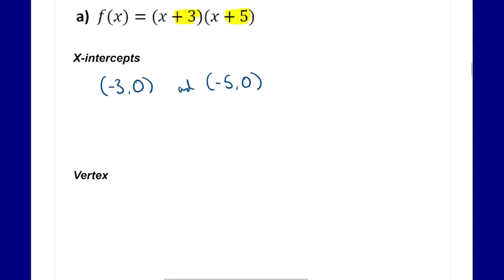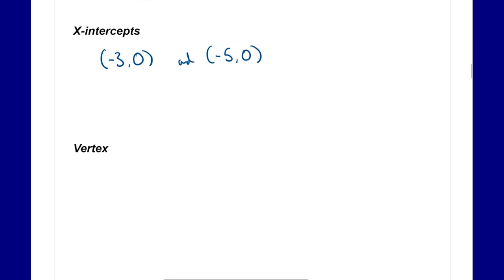To find our vertex: if our vertex is in the middle of our function, we want to find the middle. How we do that is negative 3 plus negative 5, so we add our two x-intercepts and divide by 2. Negative 3 plus negative 5 is negative 8, divided by 2 is negative 4.